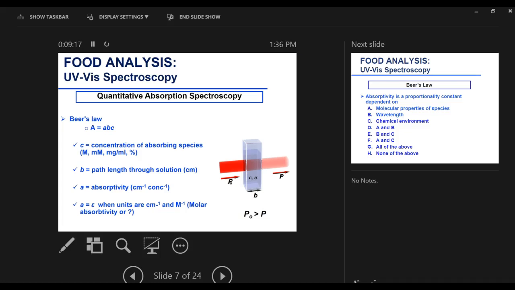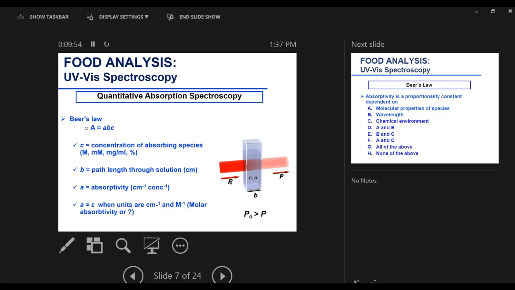And absorptivity has a unit that is the inverse of the unit of length, centimeter, and the concentration, whatever these units are. Therefore, absorption doesn't have a unit. Everything cancels out. So a stands for absorptivity, but when you see this sign here, the epsilon sign, it means that it's a molar absorptivity or molar extinction.